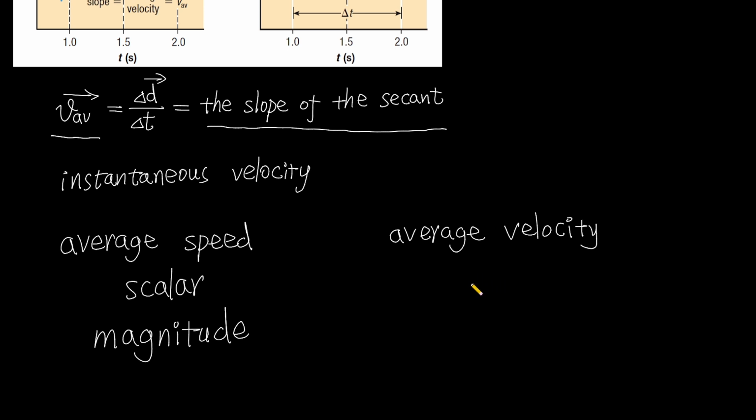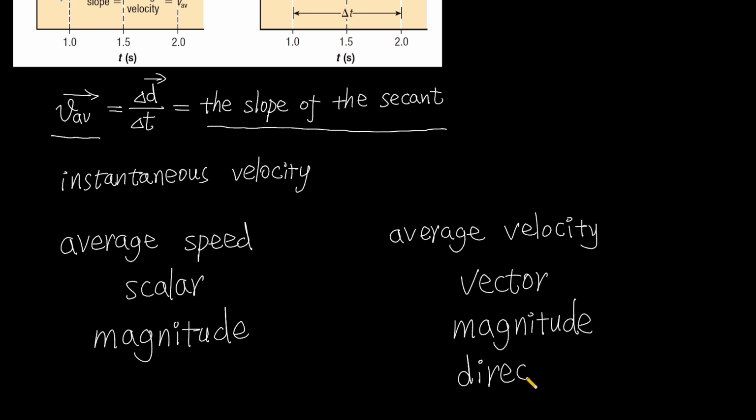And average velocity is a vector. It has magnitude and direction. Average velocity can be positive, can be negative, and also can be 0. And average speed can only be positive or be 0.